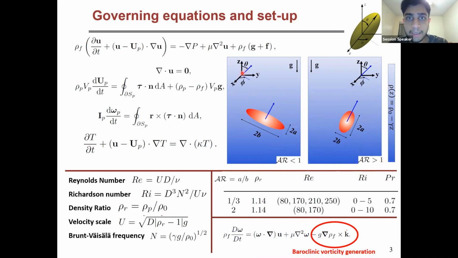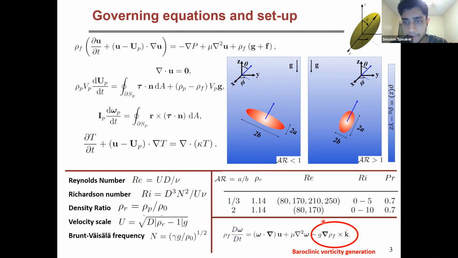We also track the orientation of these particles, and we define the orientation as the angle made by their major axis with the vertical z-axis, and the z-axis is the direction of gravity as well as the stratification. The important dimensionless numbers are the Reynolds number and the Richardson number, which quantify the inertial and the stratification effects respectively.